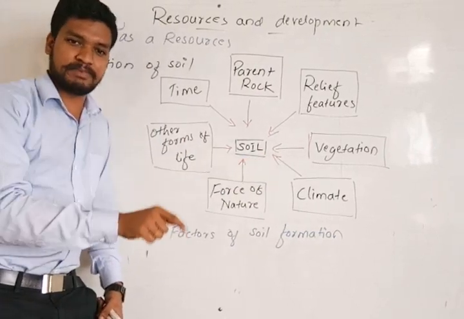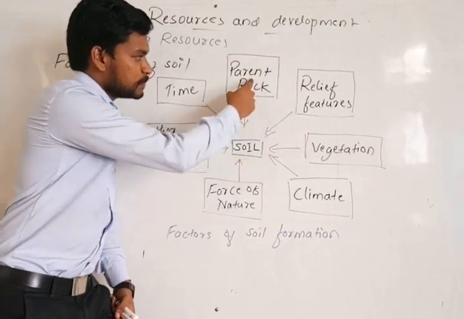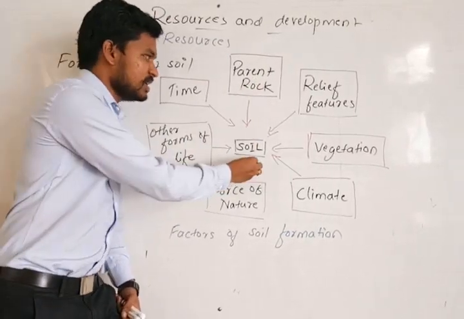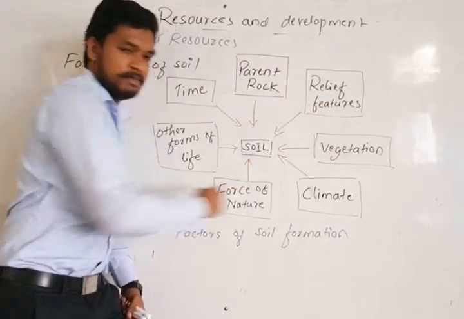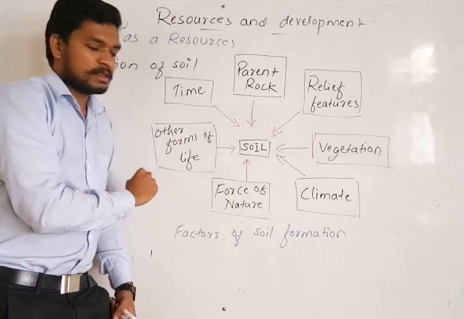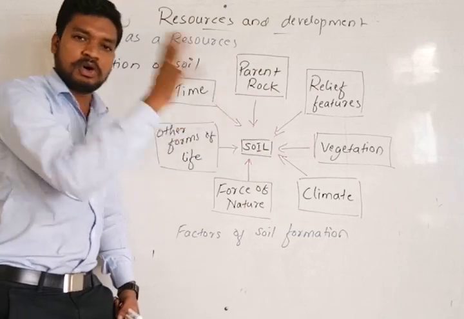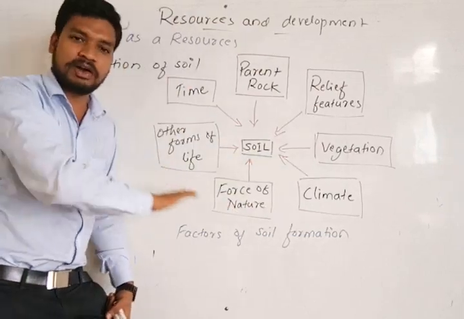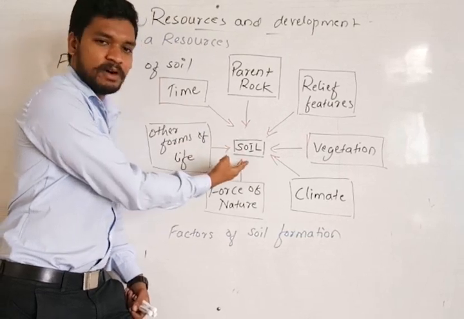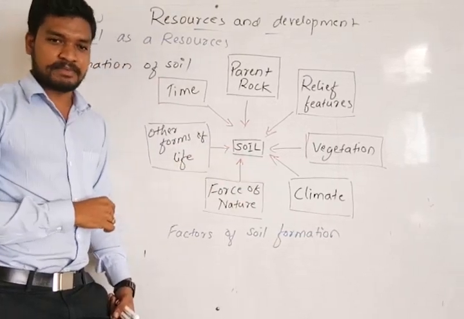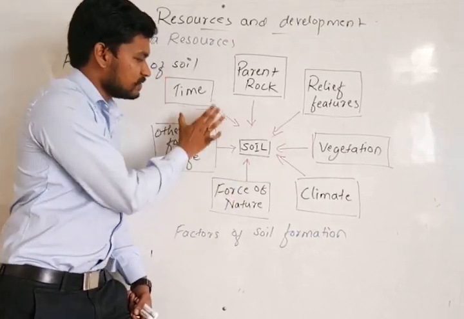Mainly the color and texture of the soil is transferred from the parent rock, because the soil is formed mainly from the parent rock. There are other factors which also cause the formation of soil. When the rock goes under all these factors for a long geological time, a particular soil will ultimately be formed as time passes.